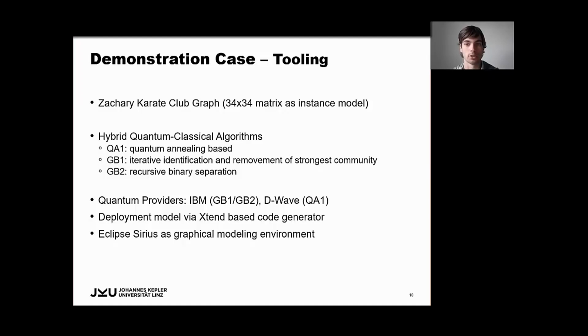The quantum providers that we have utilized are IBM with the Qiskit software development kit for the GB1 and GB2, as well as the D-Wave quantum devices with the Ocean software tools for the QA1 algorithm. And finally, the deployment model was defined and a code generator, which was based on Xtend, was implemented. And the Eclipse Sirius has been used as a graphical modeling environment.